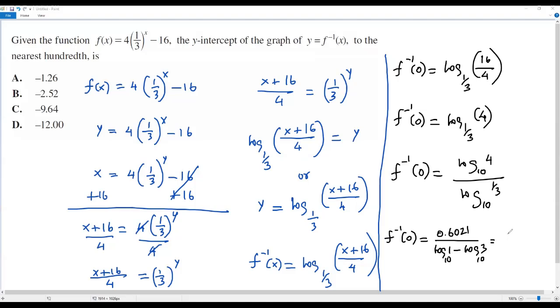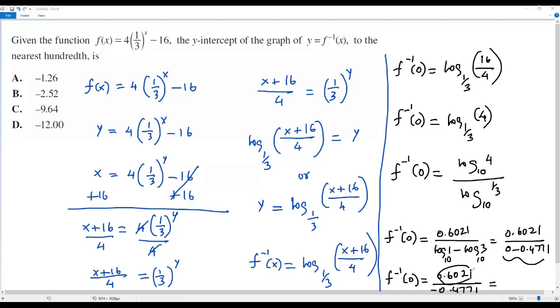Here, 0.6021 divided by, the value of log 1 is 0 because whenever the argument of a logarithm is 1, its value is 0, minus the value of log 3 to the base 10, which from the calculator is 0.4771. So f inverse of 0 equals 0.6021 divided by, the simplification of this one is just negative 0.4771.